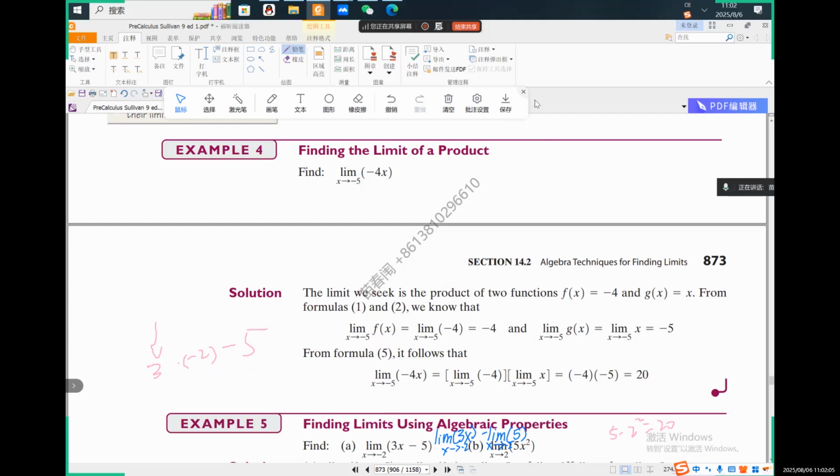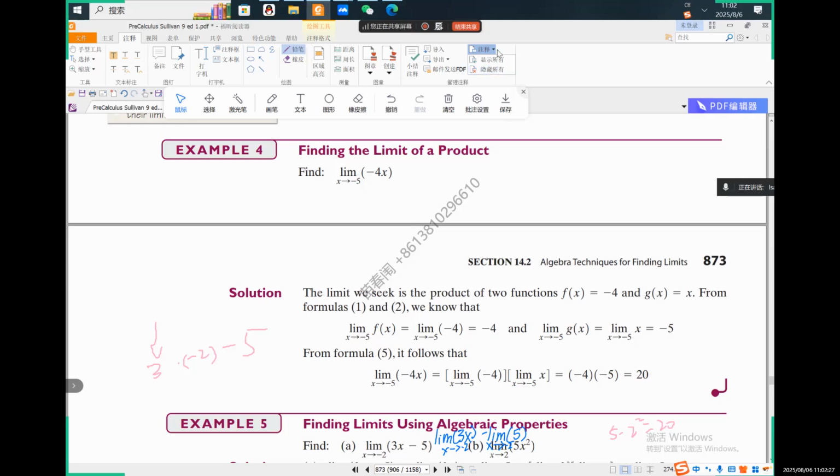Does it make sense? This example, so 5? 3 times, no, wait, can you give me a second? Sure. Okay, so 5 minus 5 times 2 to the power of 2 equals 20. Are you referring to the second one?